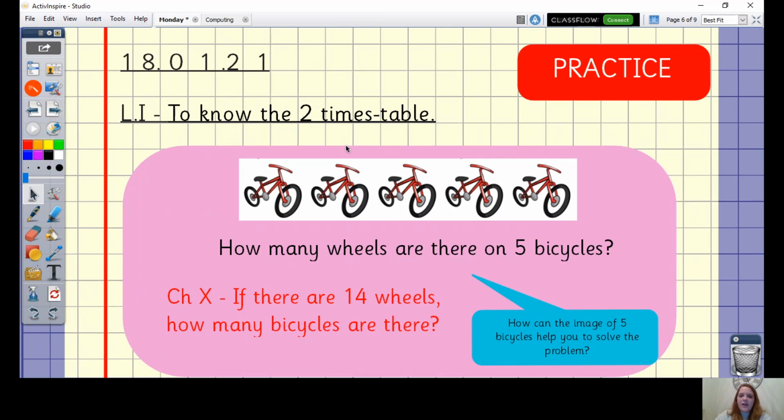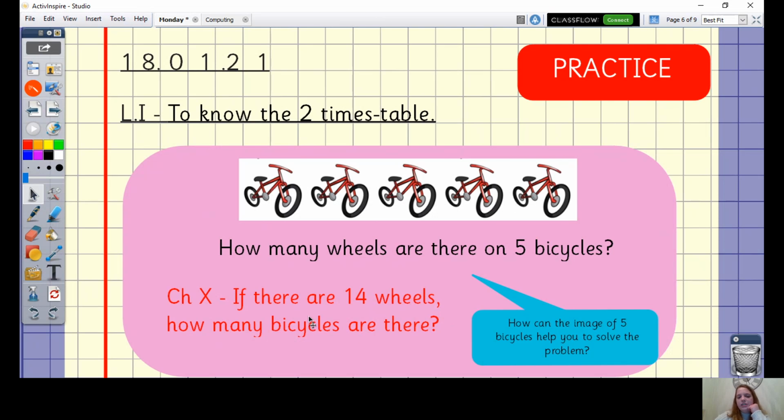Okay, so finally for your practice before we start our main activity, we've got some bikes here. And each bike has 2 wheels. So have a think, how many wheels are there on 5 bicycles? So if one bicycle has 2 wheels, how many wheels are there on 5 bicycles?